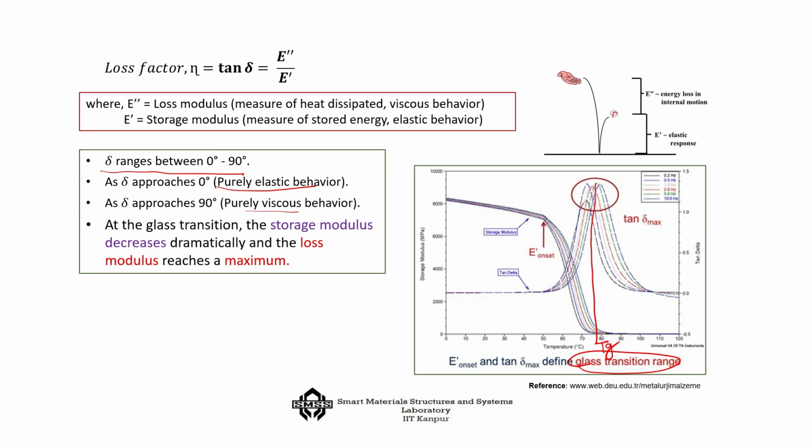So, if I have to improve the loss factor of a polymer, I must know at what temperature it is going to be so effective, okay. Now, suppose the temperature is ambient and I want to get a large loss factor, then I can also play with the frequency of the system. So, there is a frequency-temperature superposition, okay.